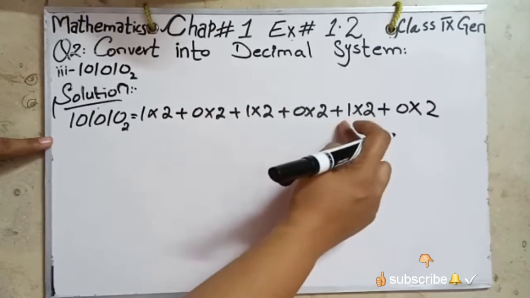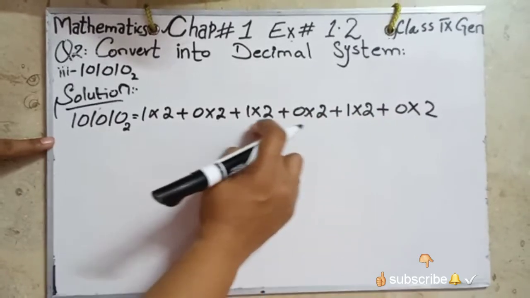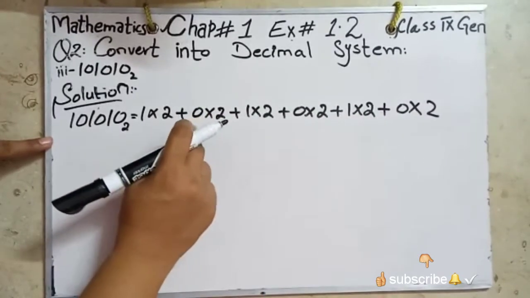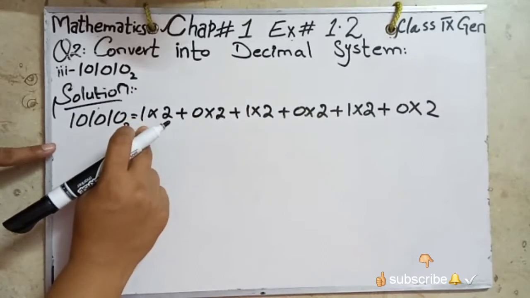Unit, 10, 100, 1000, 10,000, 100,000. Correct?